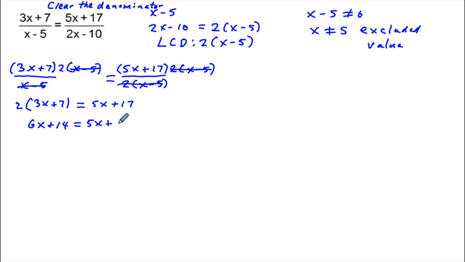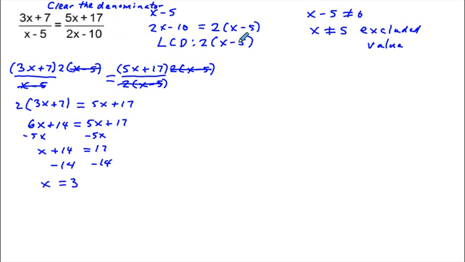plus 17. And so solving for x, if we go ahead and subtract 5x, we get x plus 14 is equal to 17. And now subtracting 14, we have x is equal to 3.